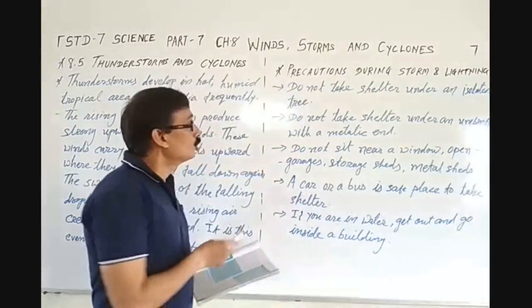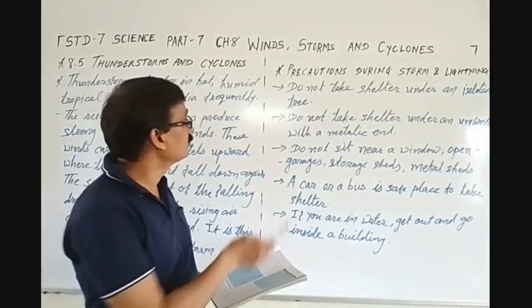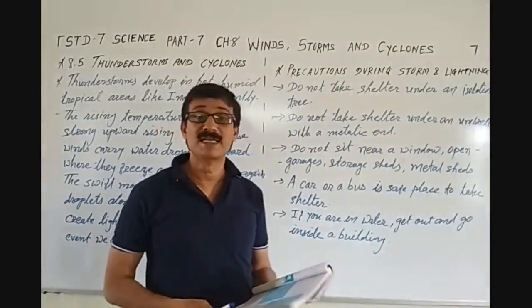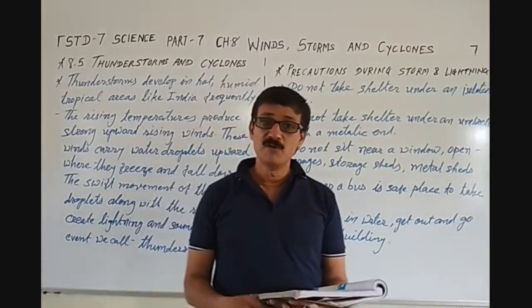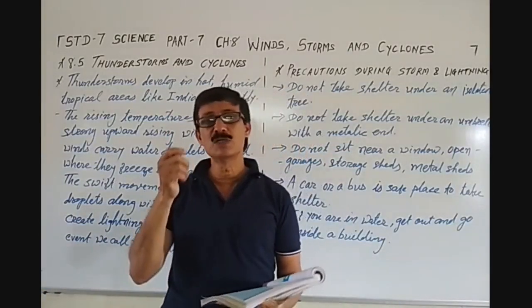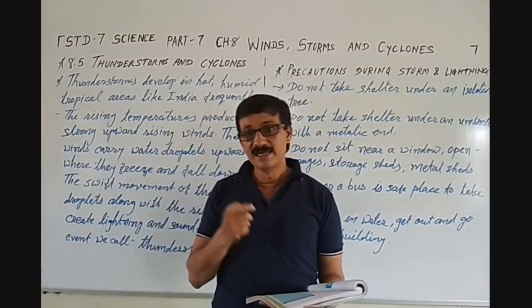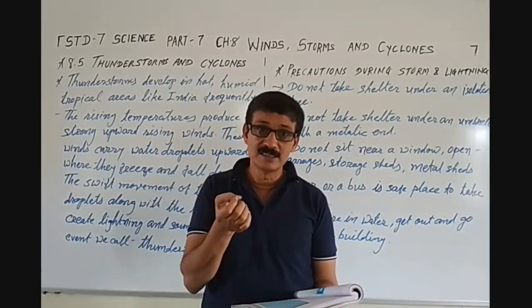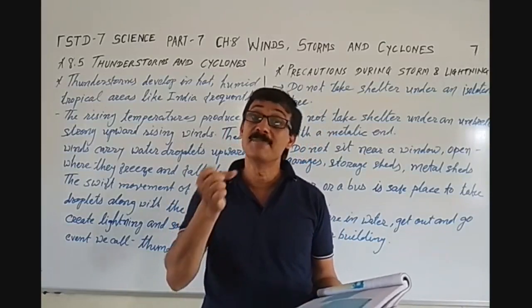Second, do not sit near a window. Do not take shelter under an umbrella with a metallic end. During the monsoon we generally keep an umbrella with us, and an umbrella has two types of handles. One is plastic, and sometimes it is a metallic handle.